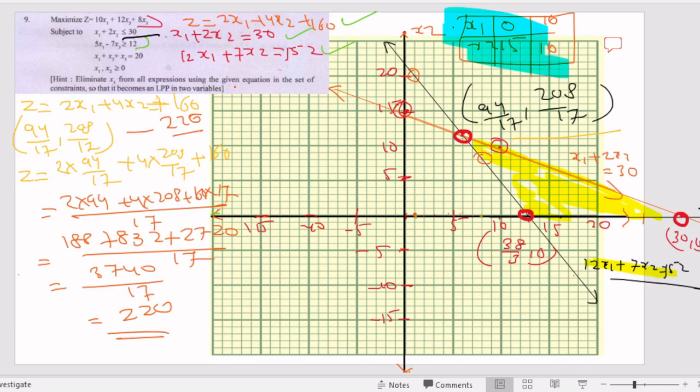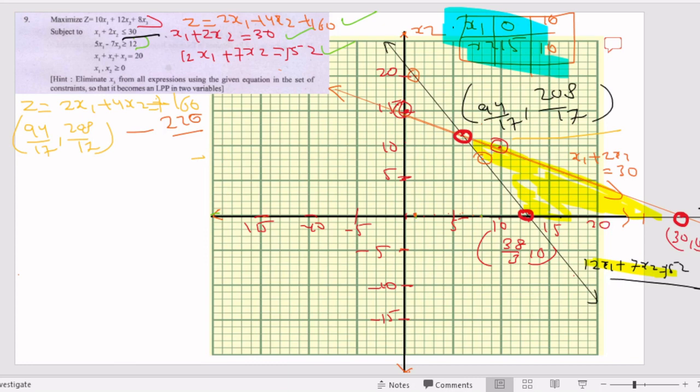Let's check the same at the next point. The next point is this one, 38 divided by 3 comma 0. So Z will be 2 into 38 divided by 3, plus 4 into 0, that is 0, plus 160.